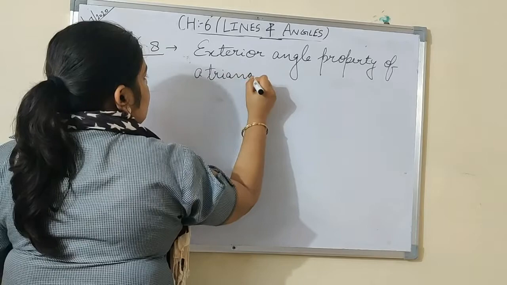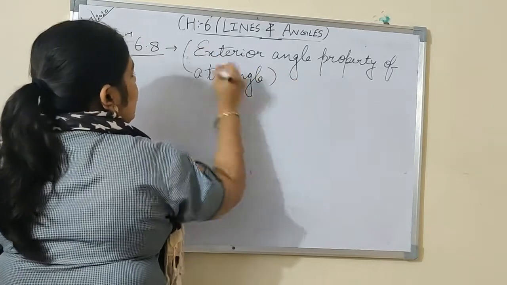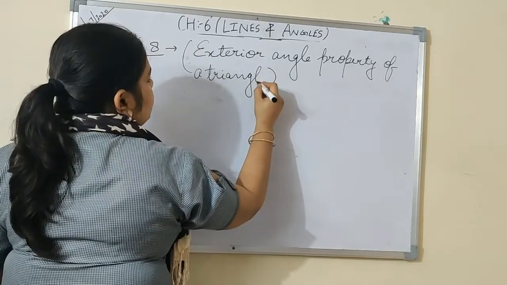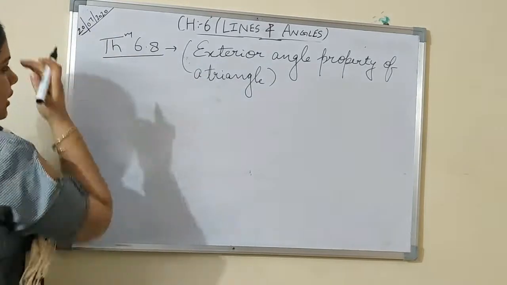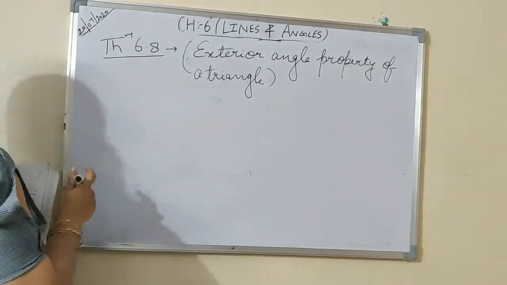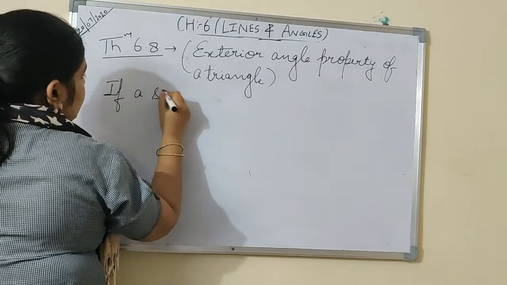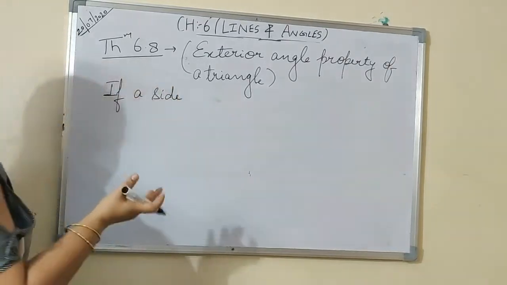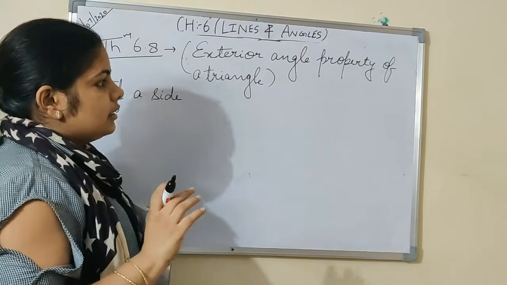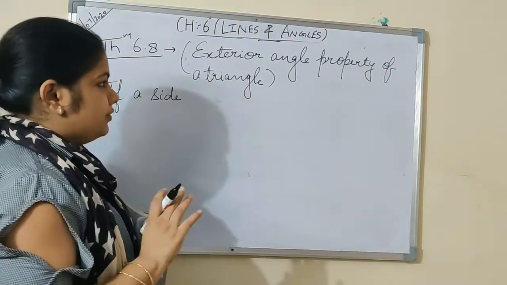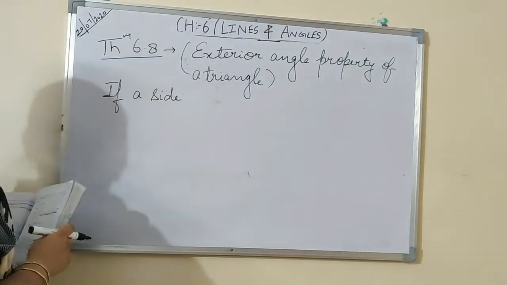Okay, you can name this theorem as exterior angle property of a triangle. Now what is the statement of this theorem? This theorem we will only be understanding the result of, we will not be studying the proof of this theorem. So please listen carefully.